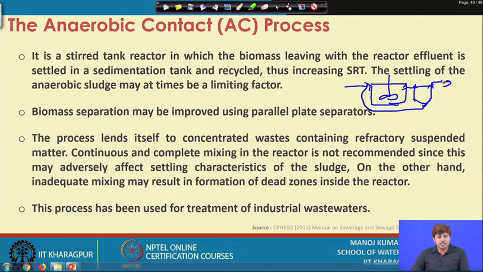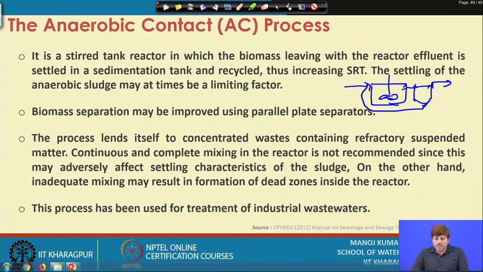This process lends itself to concentrated waste containing refractory suspended matter. There is continuous and complete mixing in the reactor, although at times even continuous and complete mixing is not recommended, since it may adversely affect the settling characteristic of the sludge.